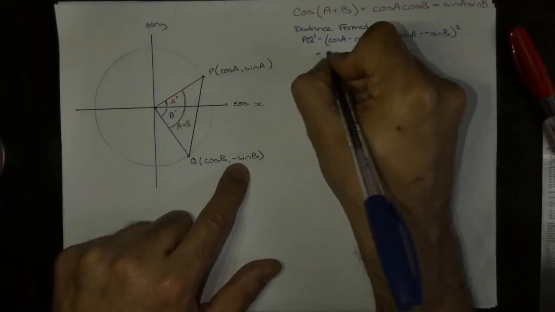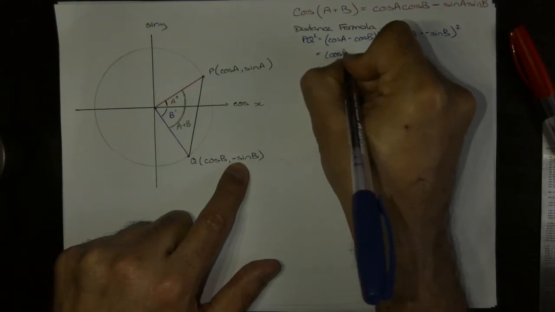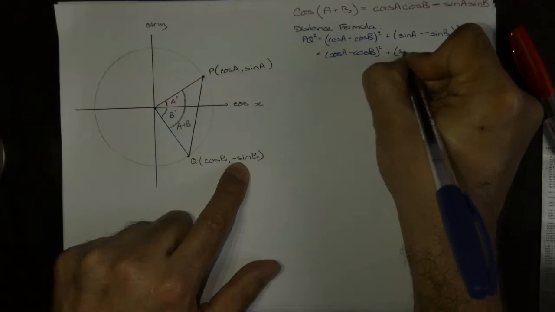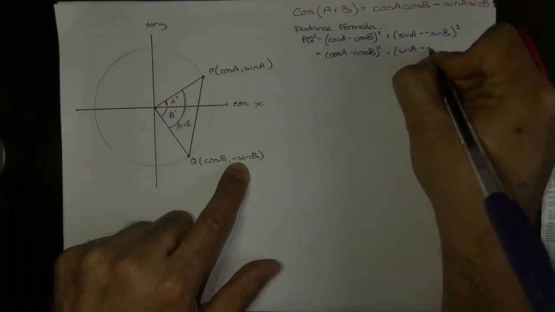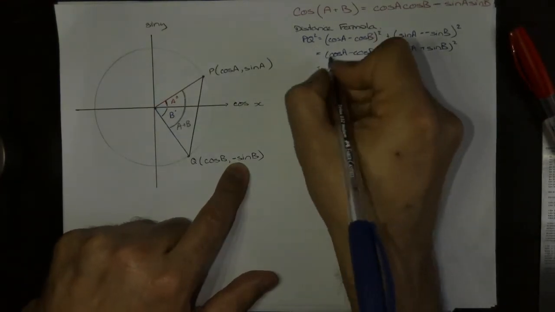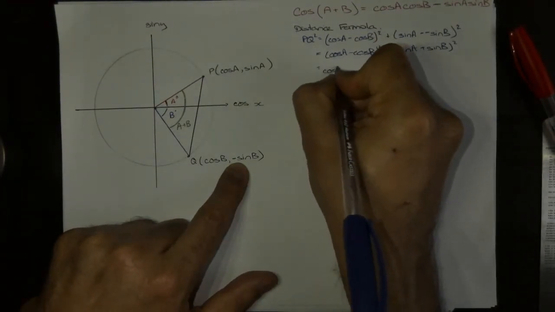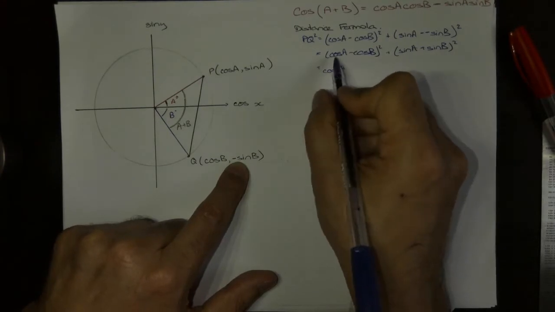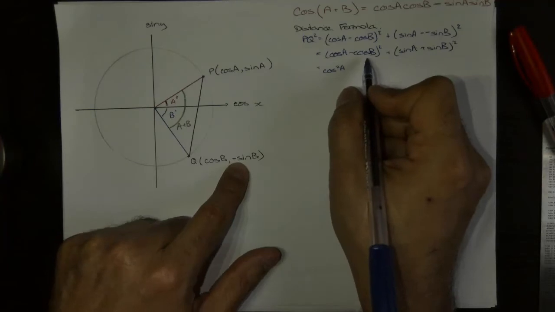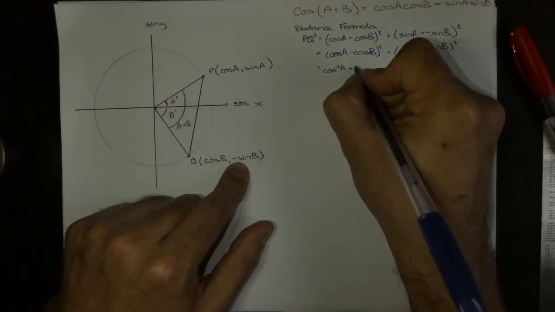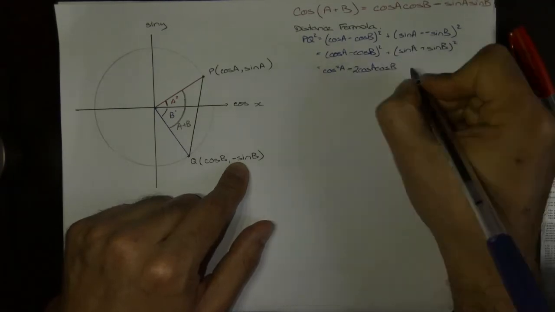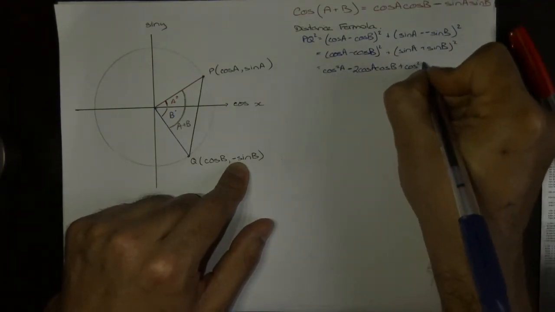So that becomes cos A minus cos B all squared plus sine A plus sine B all squared. Expanding, square the first, we get cos squared A. Multiply it together, we get negative cos A times cos B, so double that, negative 2 cos A cos B. Square the last term, cos squared B.